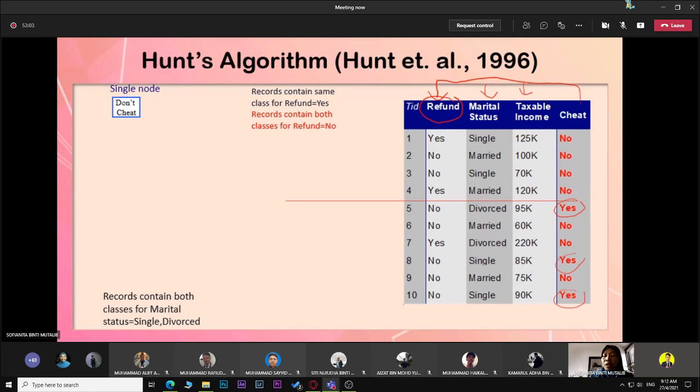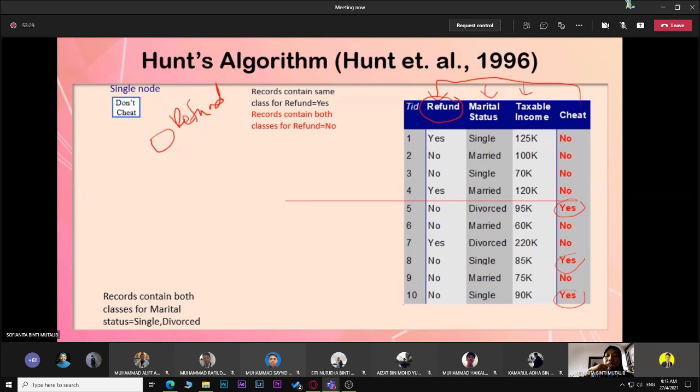So what happened? You can start with drawing. Do you have paper? If you have paper you can draw. So you can start by drawing a root here, and this is Refund.